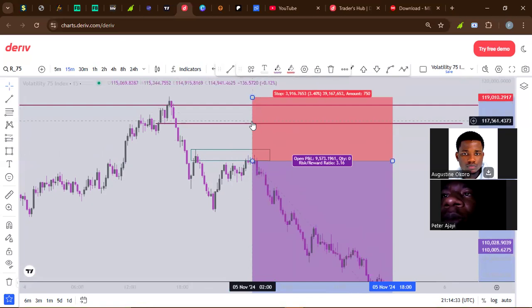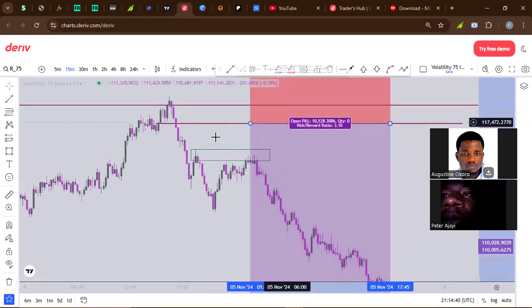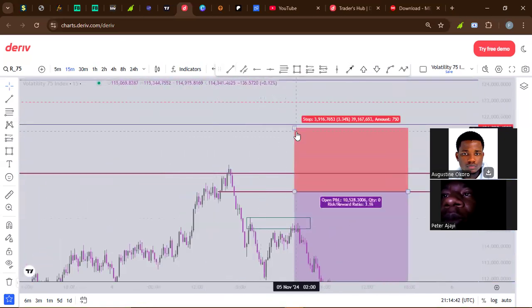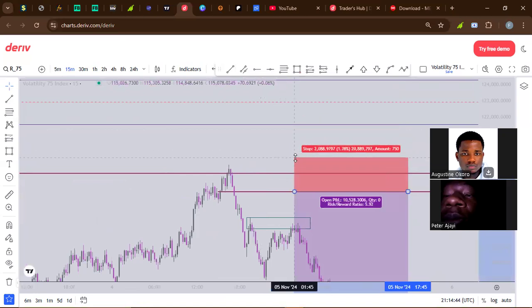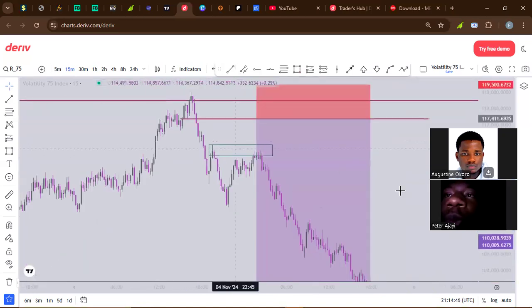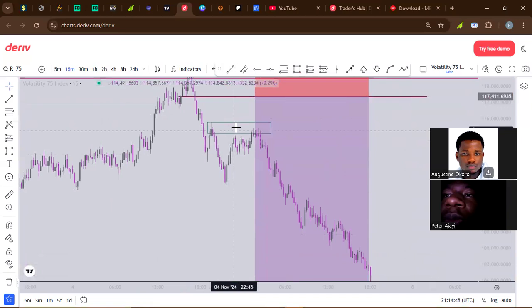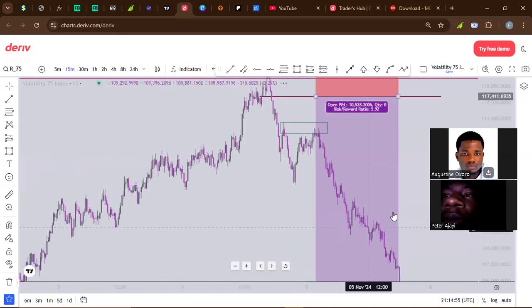So I thought that I shouldn't take the trade. I should wait for this place to get hit, then my entry should be there, my stop loss will be below, and then enter the trade. But the market didn't go up, it just came to the 15-minute order block, then dumped.